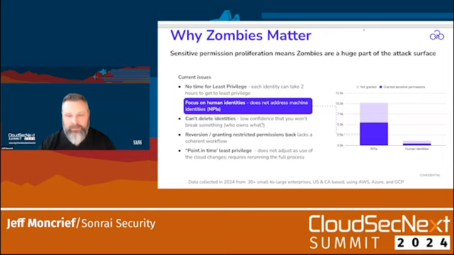Why do zombies matter? I'll tell you why they matter, all right? I don't care if you're using a CSPM tool or a CNAPP tool, or maybe a native tool that's going to show you really scary attack paths across the access fabric, right? They're going to show you things like this instance profile attached to this EC2 instance. It has a trust relationship with another role in that account.